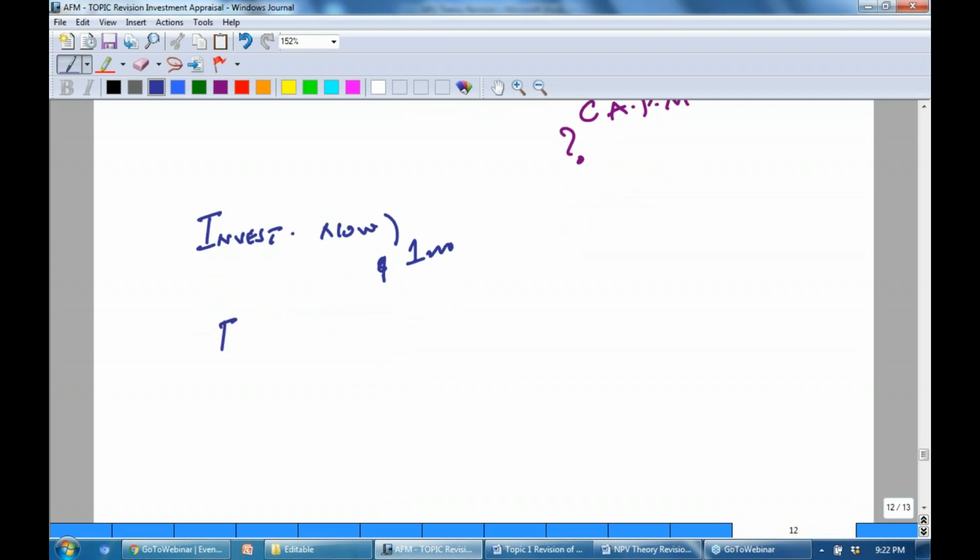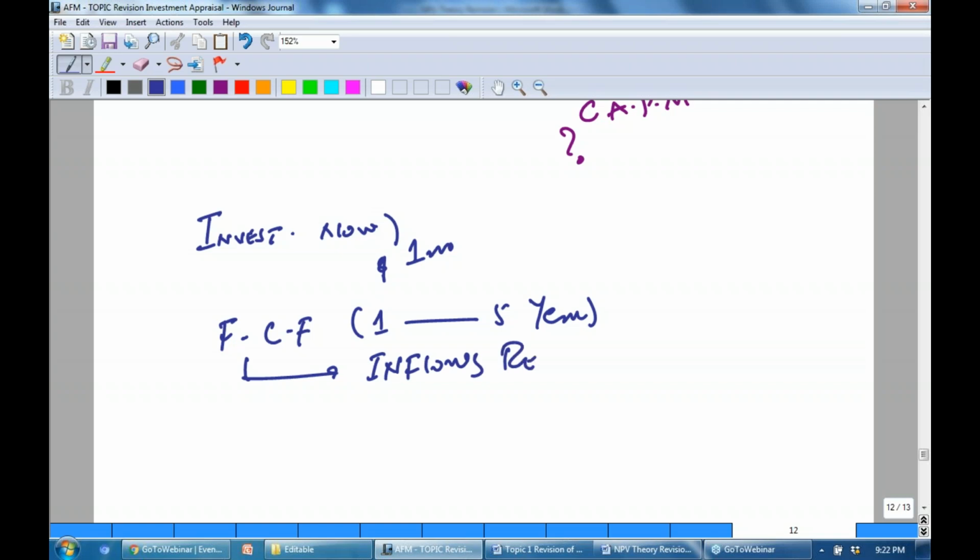I will give you the return, the future cash flows over the time period, for example over 1 to 5 years. And these future cash flows are the net cash flows, the inflows, the returns.